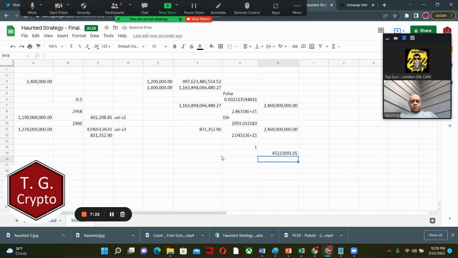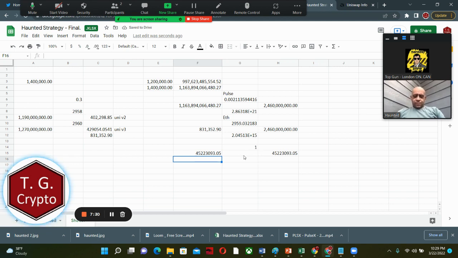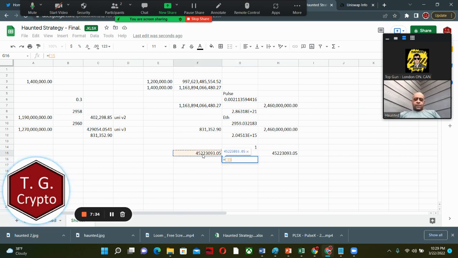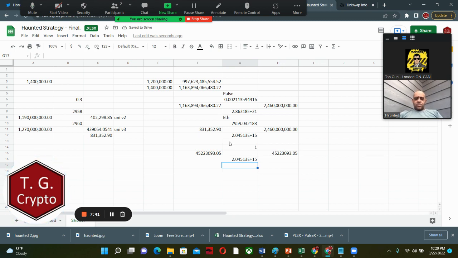Bam. And then this will just equal that. That's what the liquidity pools would be balanced at $1. And just to prove it, we take the square root and times it by the square. We get the same K value. So this would be ETH at $1.